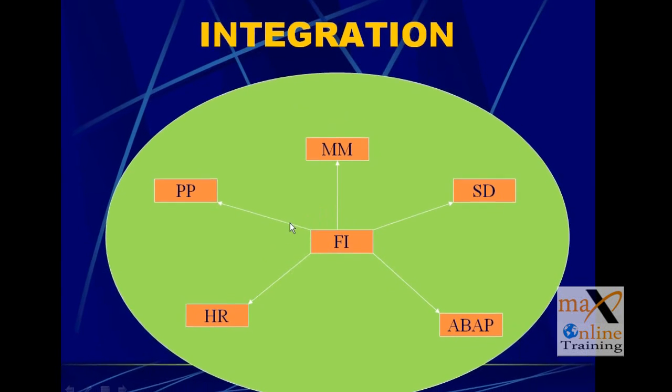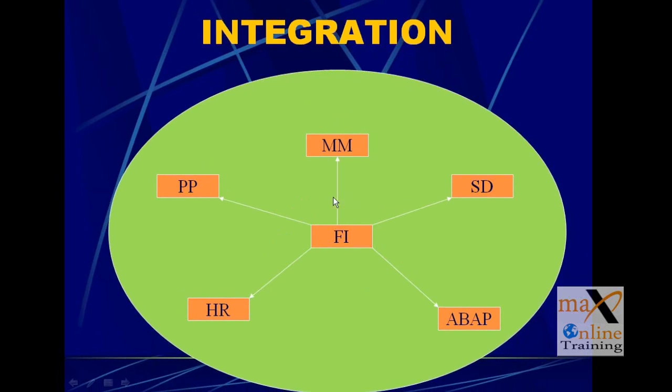First, we'll talk about the integration here. Say, for example, you are working as a financial analyst for a particular company. If you want to deal with the customer, if you want to sell some goods to the customer, all the customer information you will get from your sales and distribution consultants. Means the finance department people will interact with the sales department people.